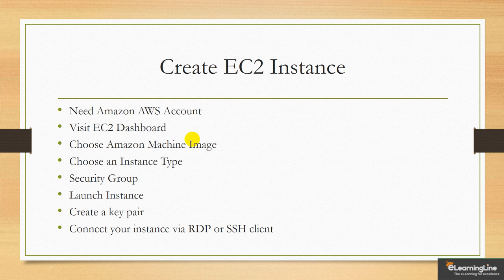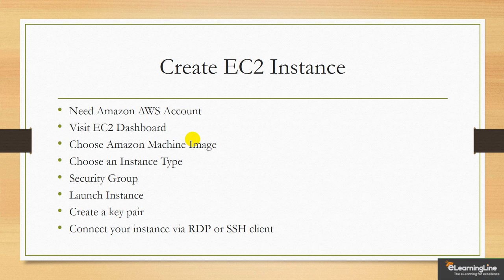If it is a Linux instance, then you can use the SSH client or SSH authentication to access your cloud computer, right? And even for Linux, you need to have PuTTY installed on your computer to access that particular cloud resource. So these are some of the requirements in order to create the cloud resource.